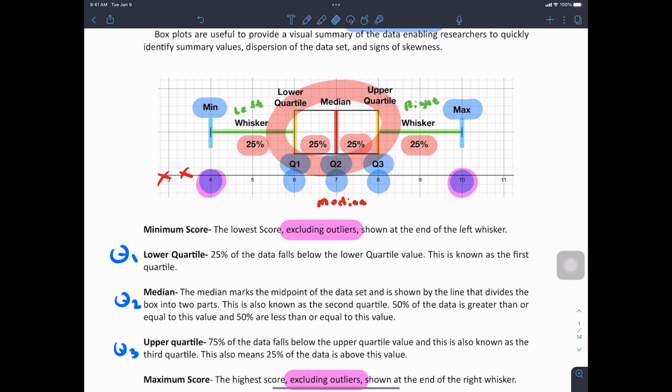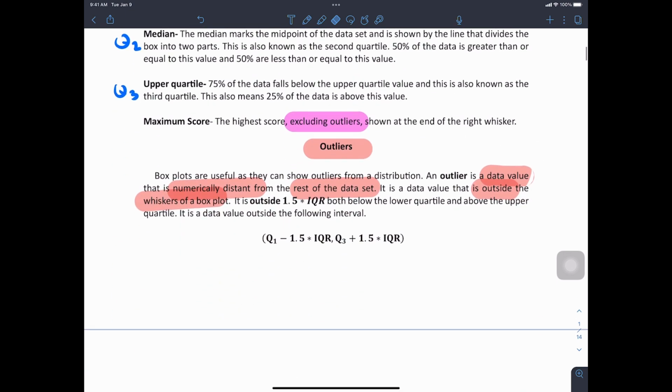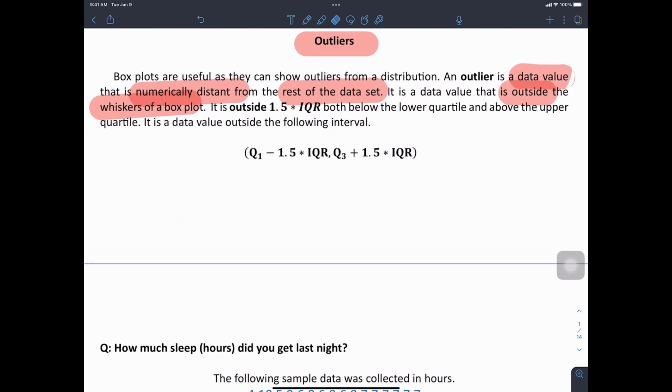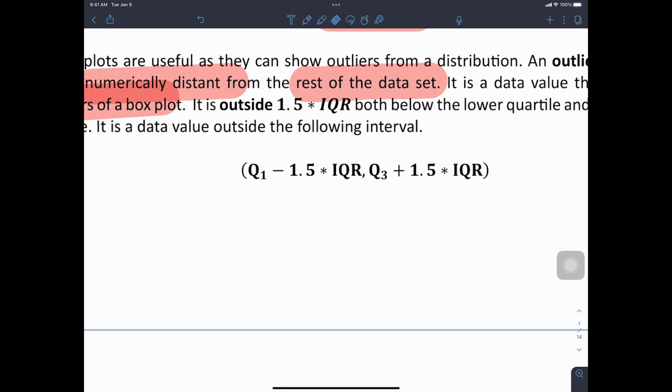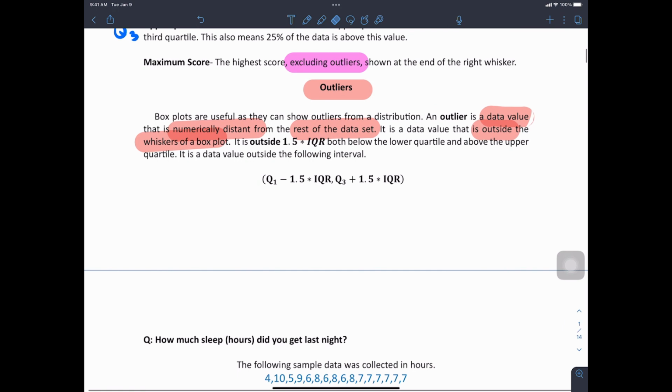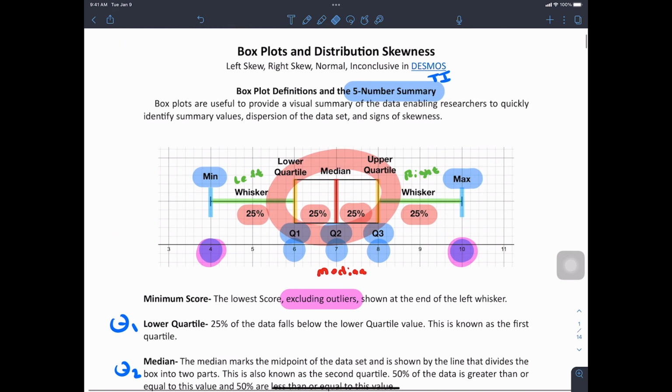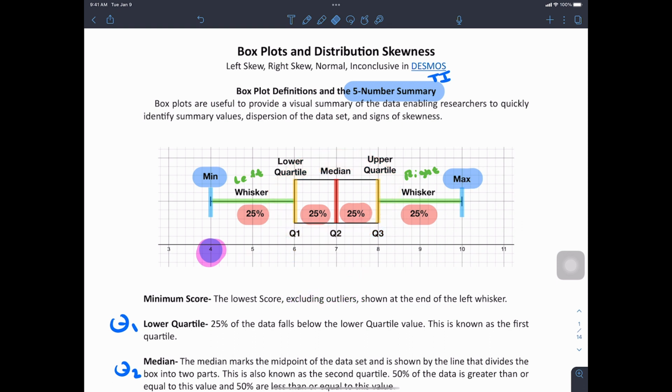But really, the definition is you take the first quartile value minus 1.5 times the interquartile range. Do you guys remember what that interquartile range is, by the way? I gave you the definition. Let me get rid of all this distraction. What's the interquartile range? We can find it in this picture.